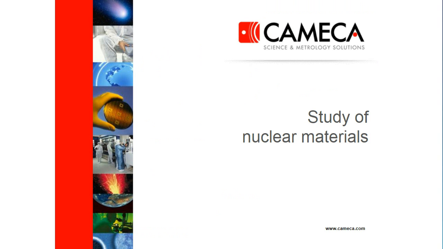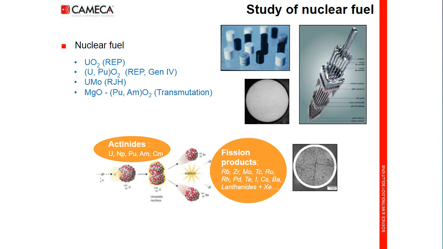A brief introduction to the study of nuclear materials. The nuclear fuel used in nuclear power reactors is manufactured in rods containing cylindrical fuel pellets stacked in a long cladding made of a zirconium-based alloy.